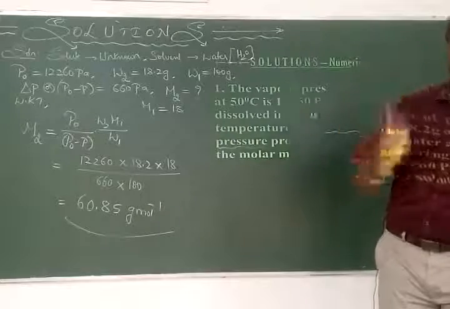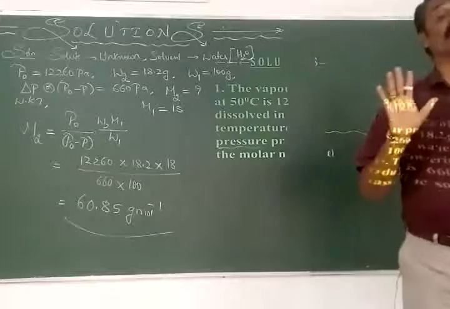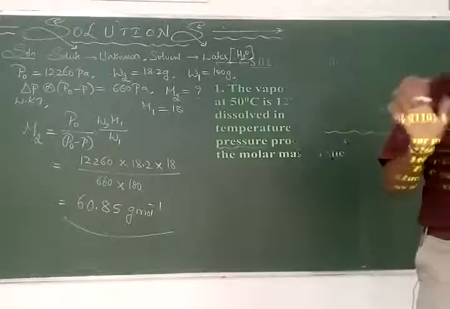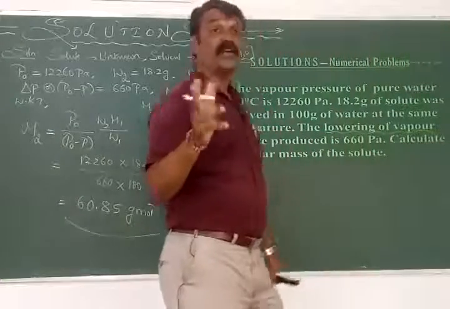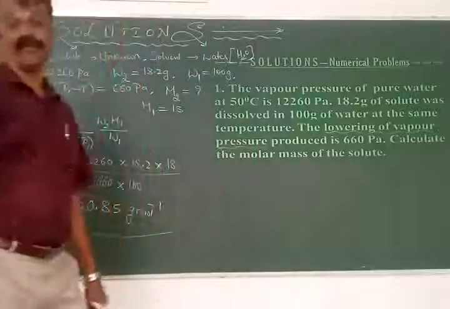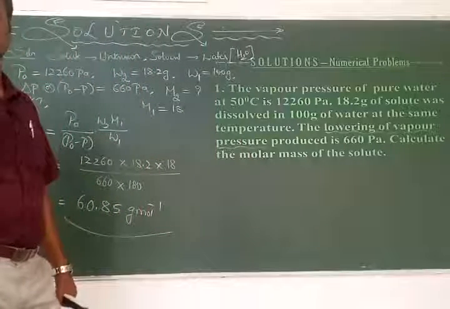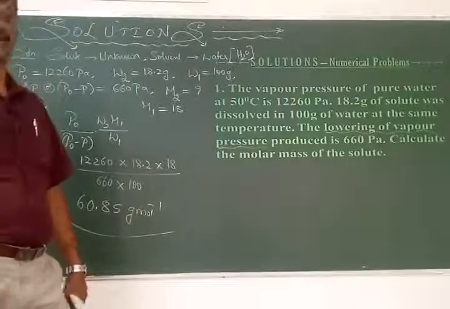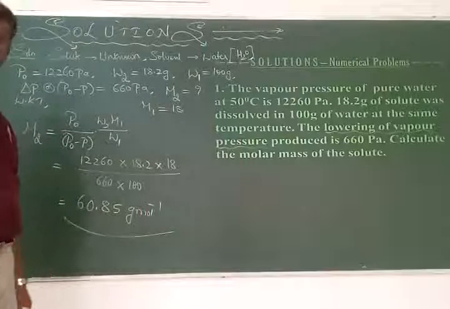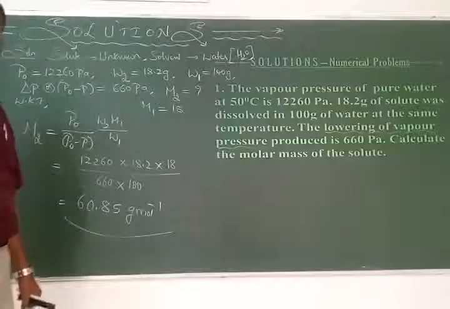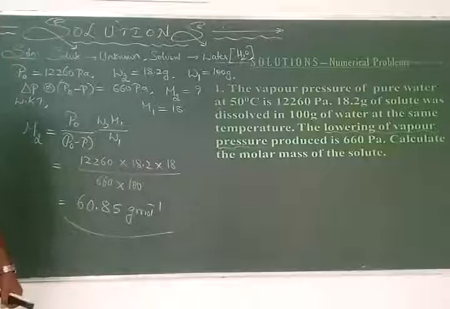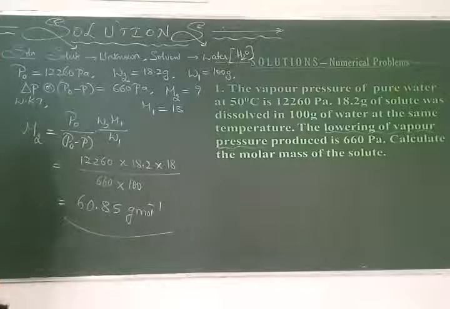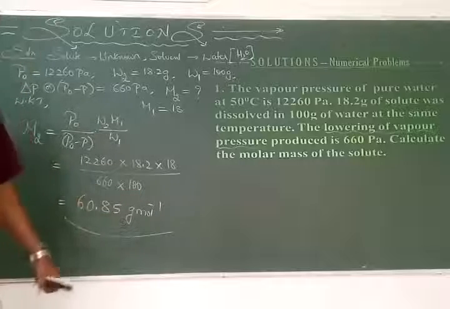If you want to put a unit, don't mention only grams, because gram is not the unit of molecular mass. We can refer to it as gram per mole. If it is mentioned as only grams, it is called gram molecular mass. That is why keep the number as it is if it is a molecular mass. If you want to express a unit for molar mass, it is simply called gram per mole.